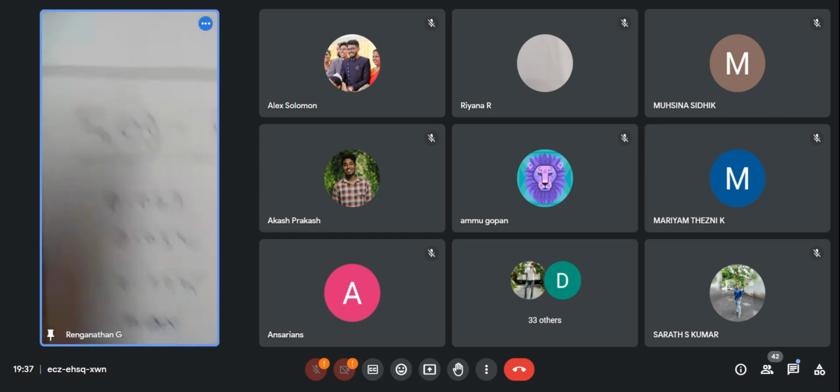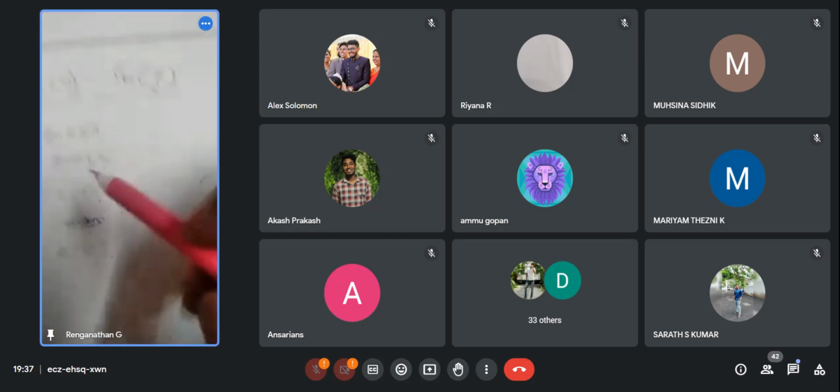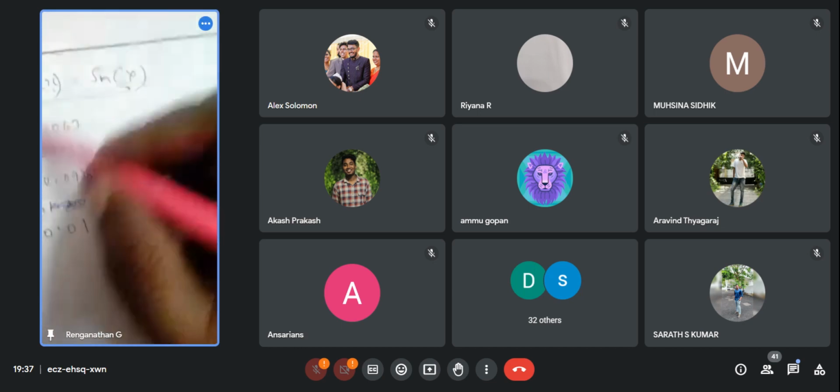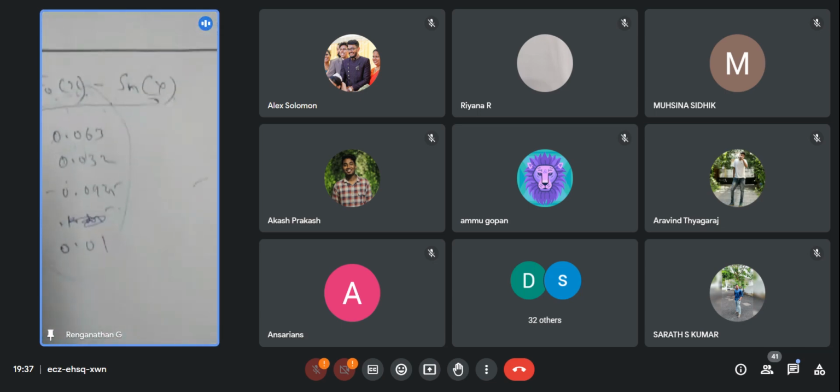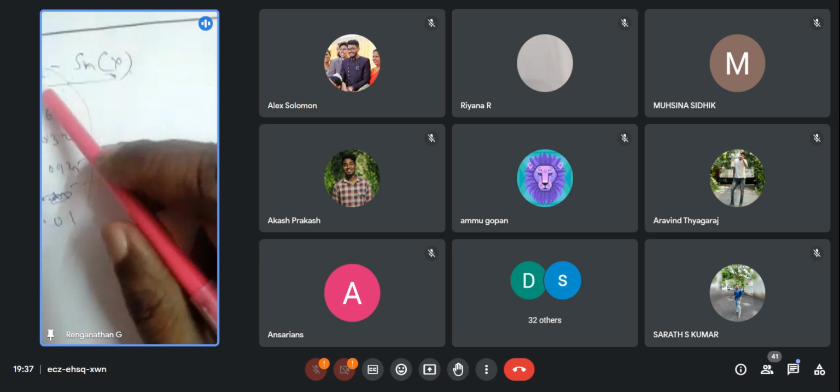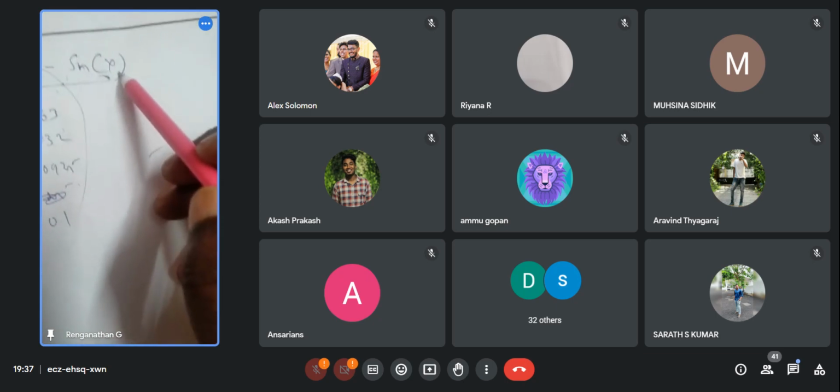We have to consider the highest value of F0(x) minus Sn(x).